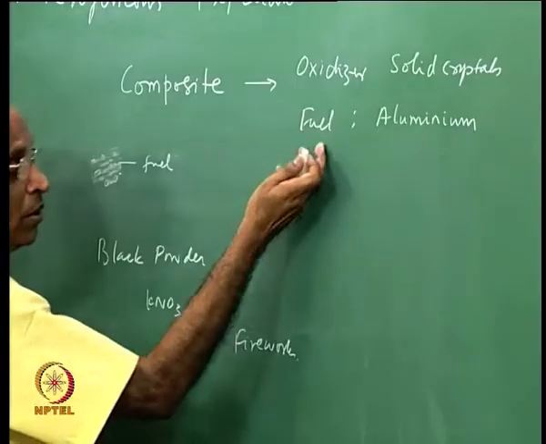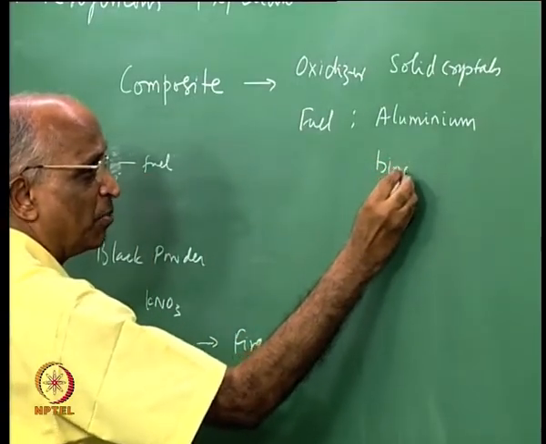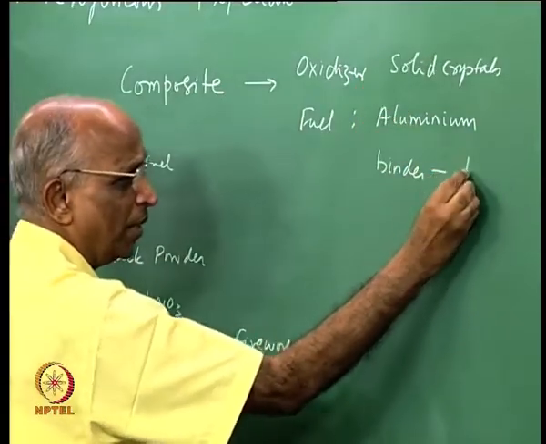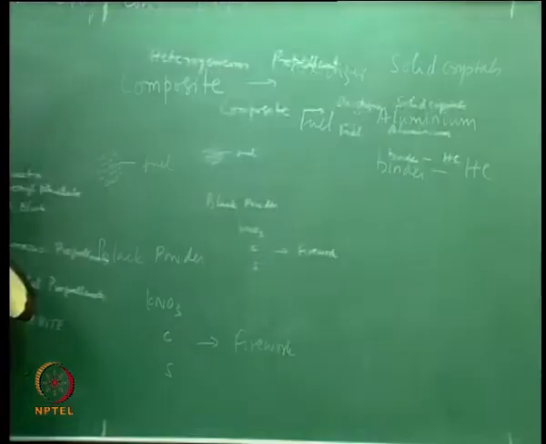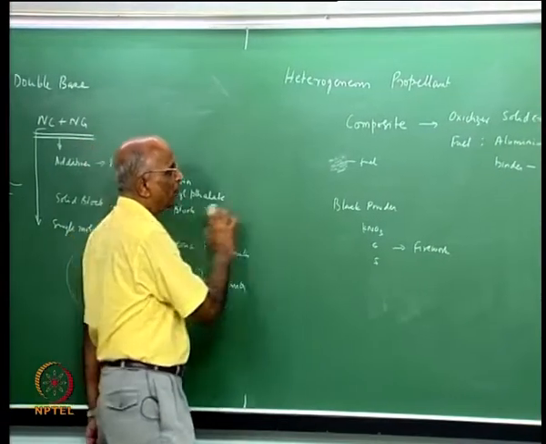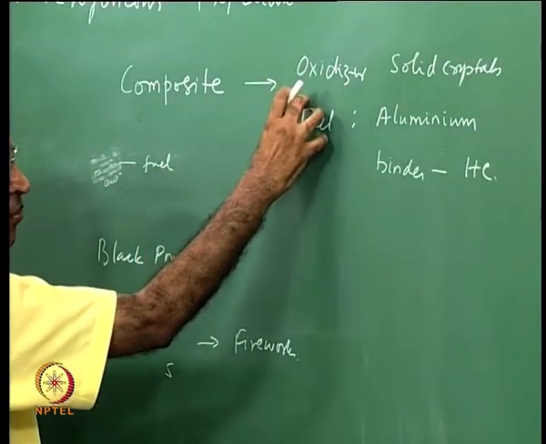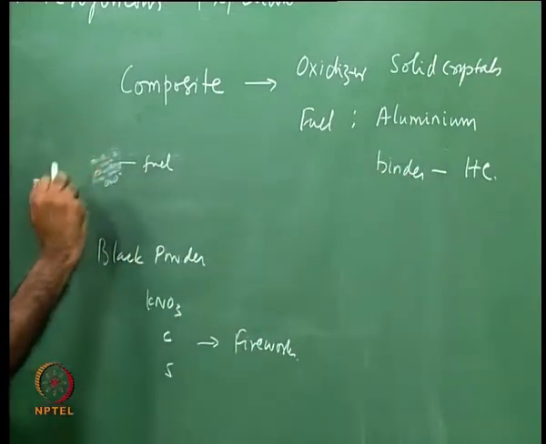The same fuel could also be the binder which binds the solid crystals and aluminium together, or it could be something like a hydrocarbon. Therefore, as distinct from homogeneous propellants, a composite propellant consists of an oxidizer, a fuel, and this fuel could also be the thing which is gluing things together.